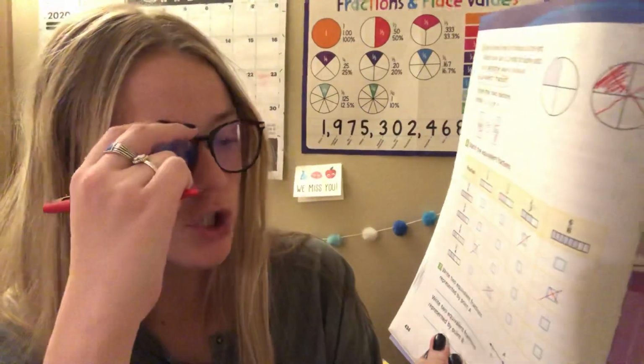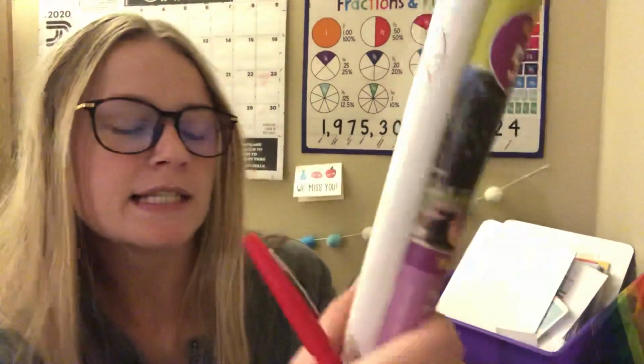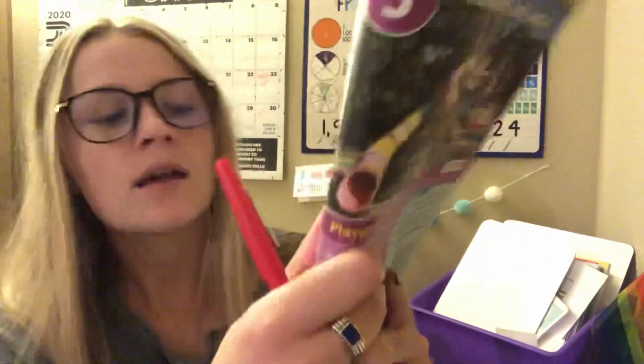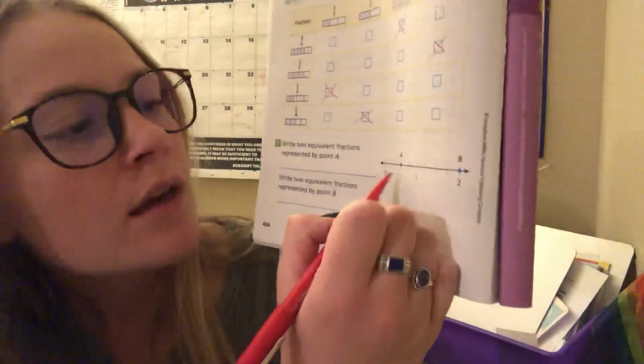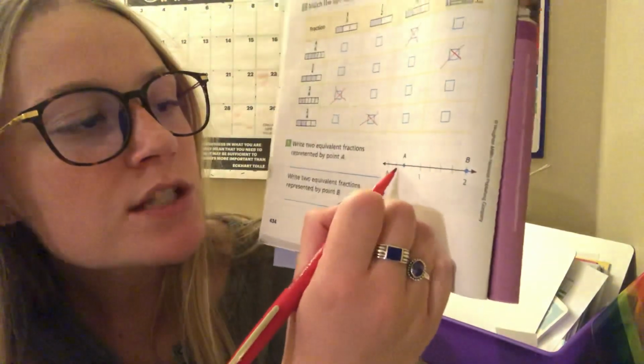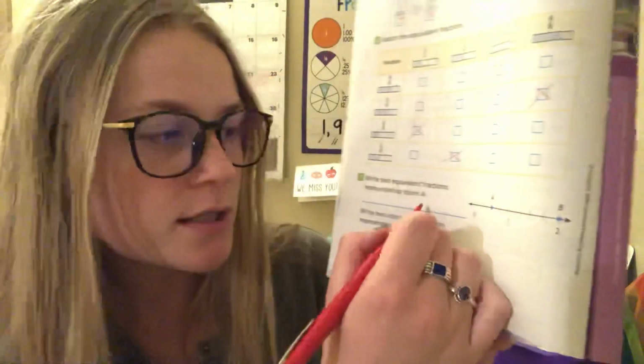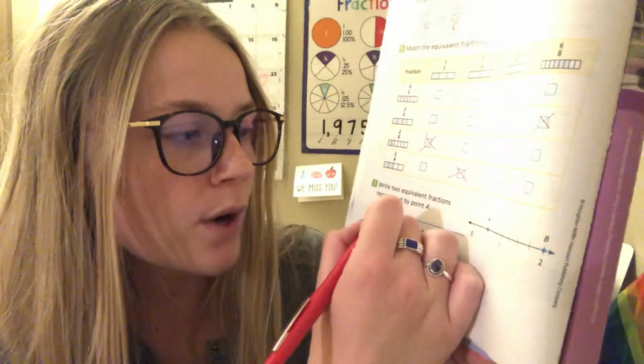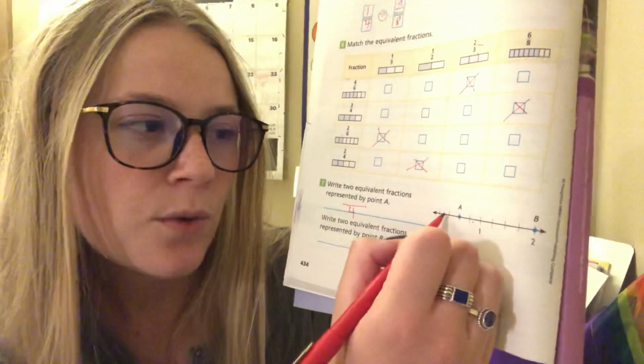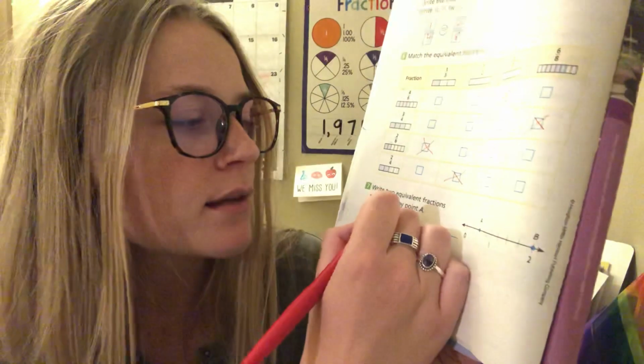All right, number 7, it says, write 2 equivalent fractions represented by point A. So let's see. Right now, they're divided into 1, 2, 3, 4 equal parts, so I could do over 4, and it is 2/4.